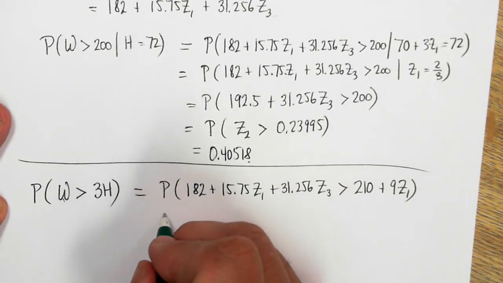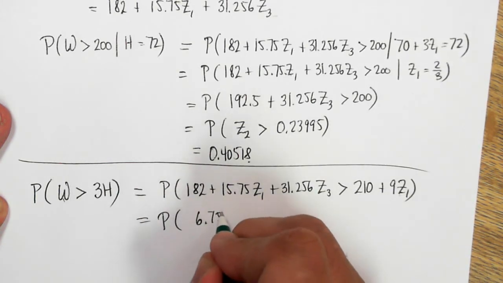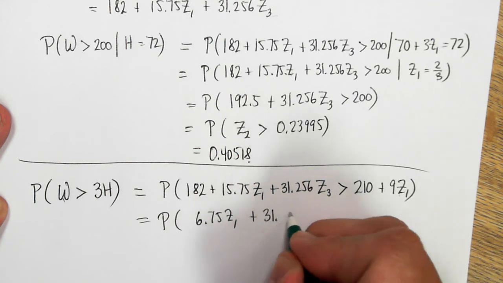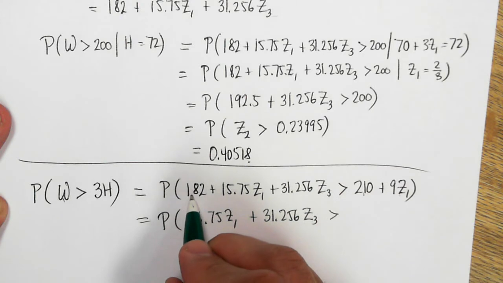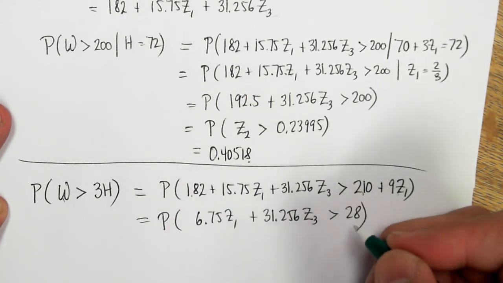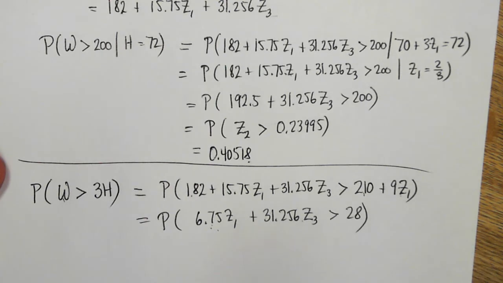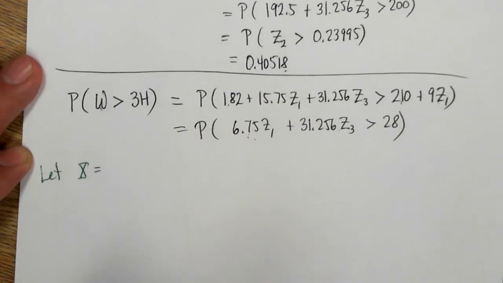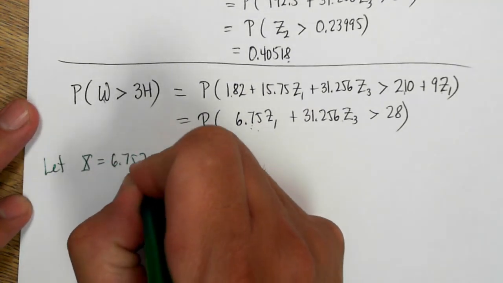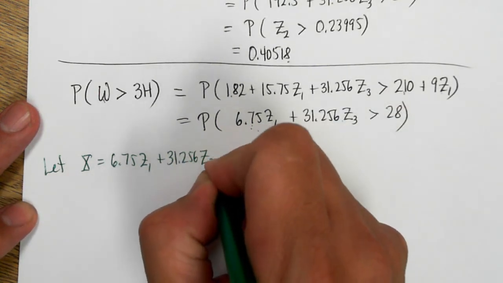Okay, so rearranging things. Bringing the 9 over here, that's 6.75 z1 plus 31.256 z3 is greater than 210 minus 182, which is 28. Now if I combine these things, that will also be a normal random variable. So let x be equal to 6.75 z1 plus 31.256 z3.